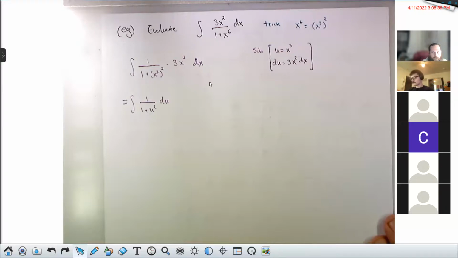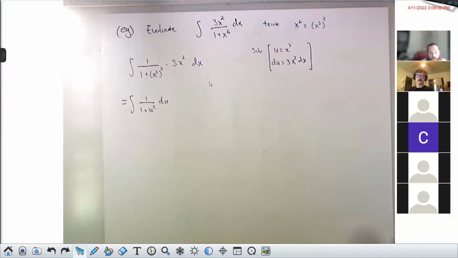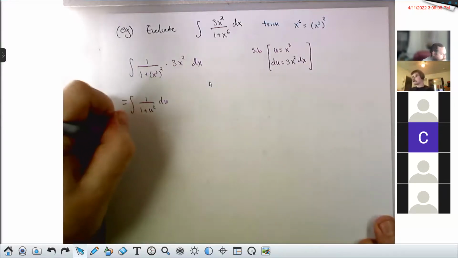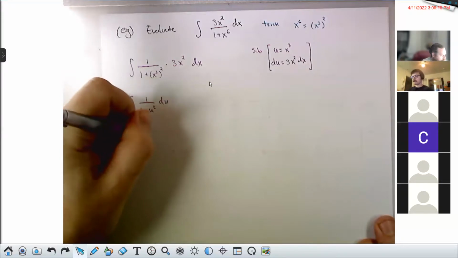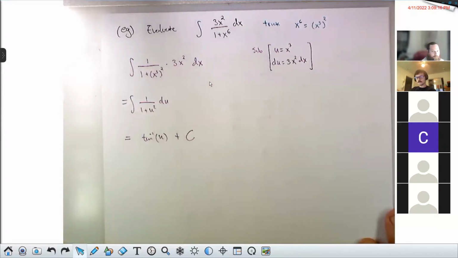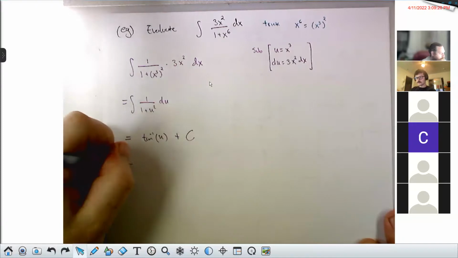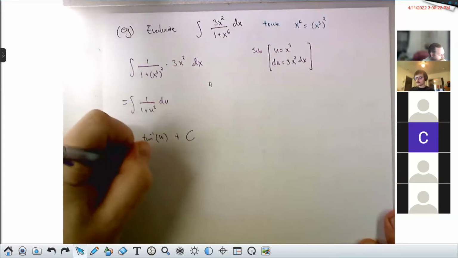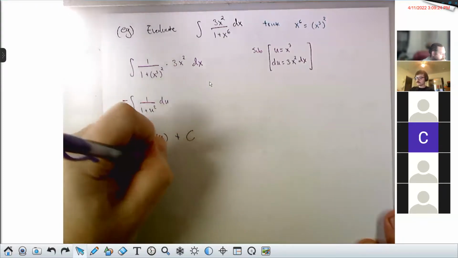Does anybody remember an antiderivative for 1 over 1 plus u squared? Arctangent. Very good. Yeah, this is the inverse tangent function. This is tangent inverse of u plus c. And then we replace u by x cubed.